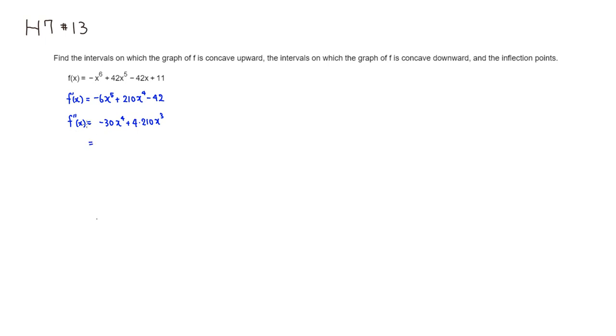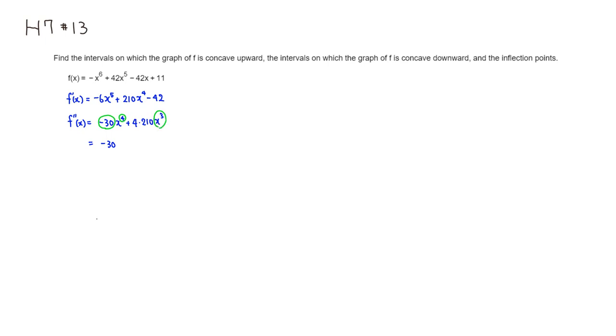First thing I would do is pull out the negative 30, and also x cubed. We have x to the 4th, so I'm going to circle the 4 so that I know there's another x, so x cubed there.